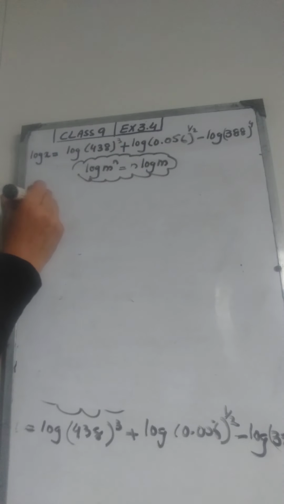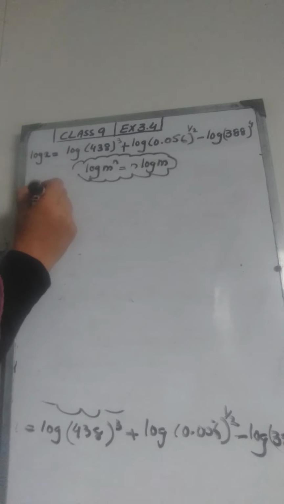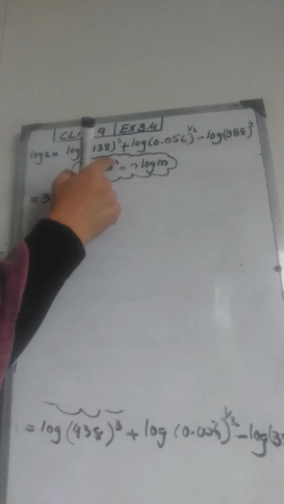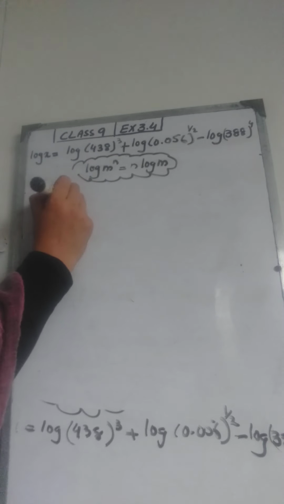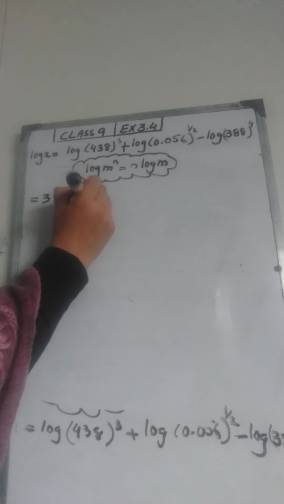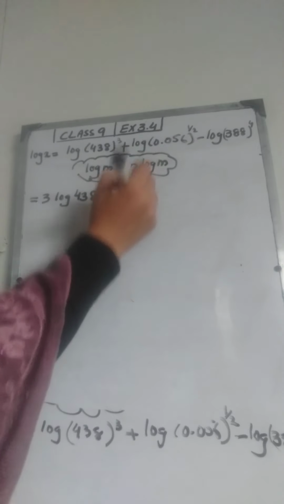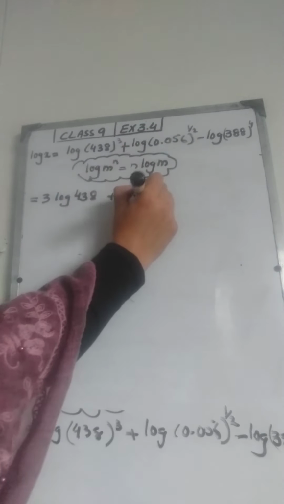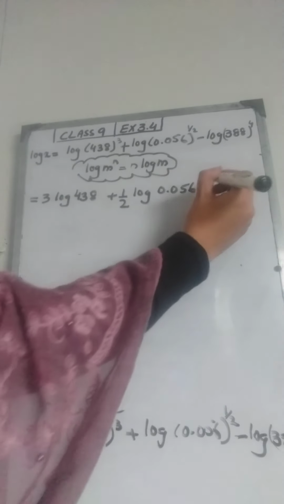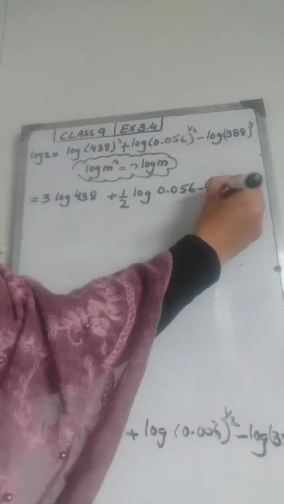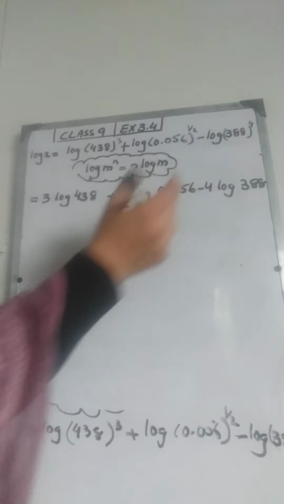So the 3 will come in front of the log of 438 plus, same here, the power will come in front of the log of 0.056, minus 4 times log of 388.